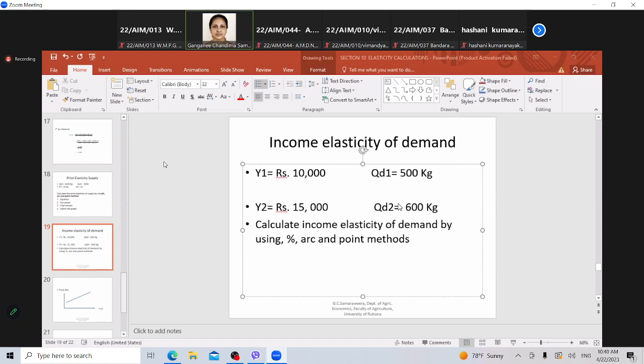Income increased, quantity demanded also increased. Change in quantity demanded means 100 from 500. And income 5,000 from 10,000.